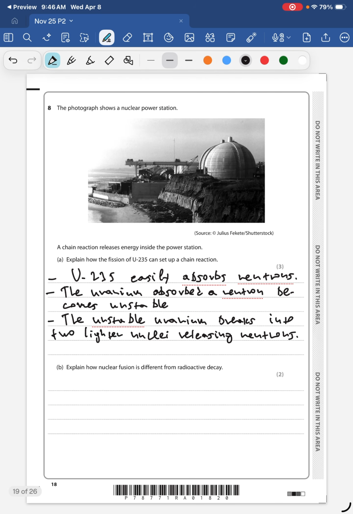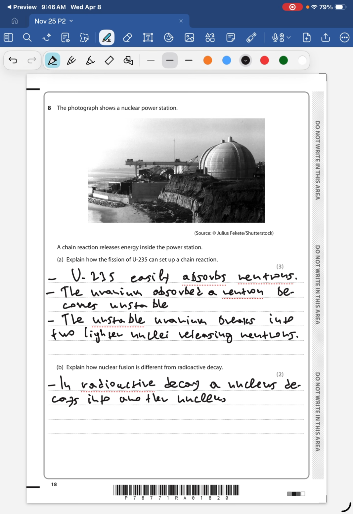Let's go back to the second question. Explain how nuclear fusion is different from radioactive decay. So in radioactive decay, the nucleus decays into another nucleus, releasing alpha, beta, or gamma radiation.